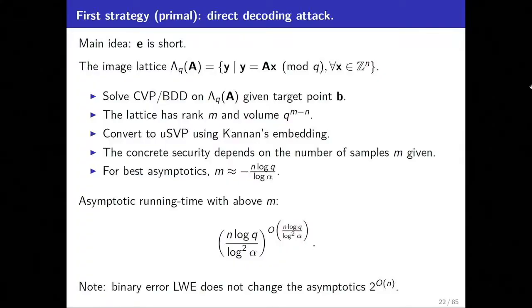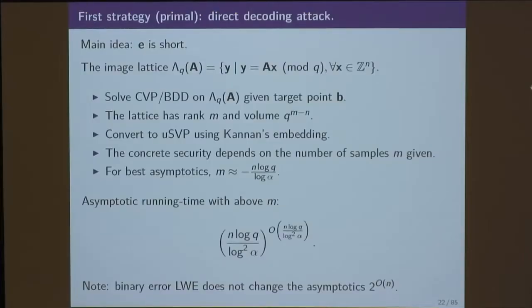To do this, we consider the image lattice arising from A, which is the column space of A mod Q. This consists of all the y such that y equals Ax, where x comes from Z_q^n. And one of these y is going to be close to our B because E is short. This lattice has rank m and volume q to the m minus n.